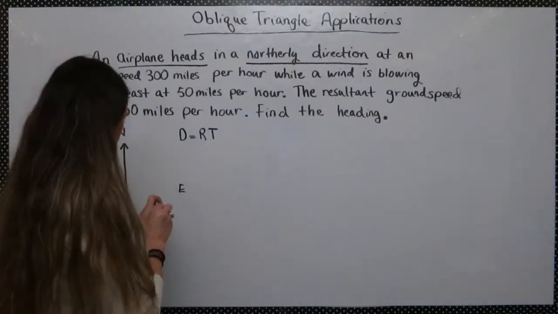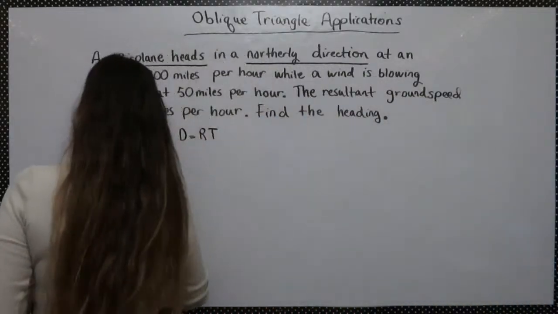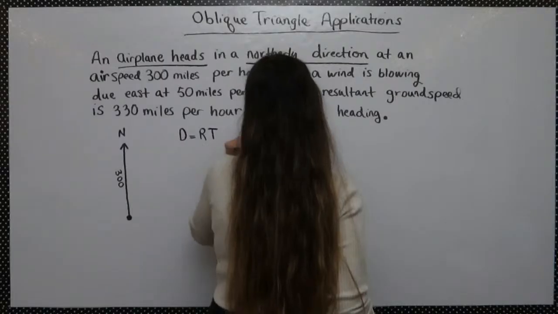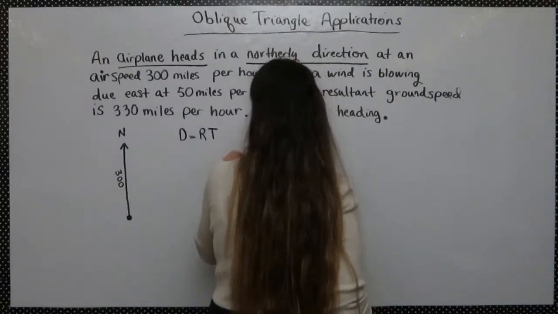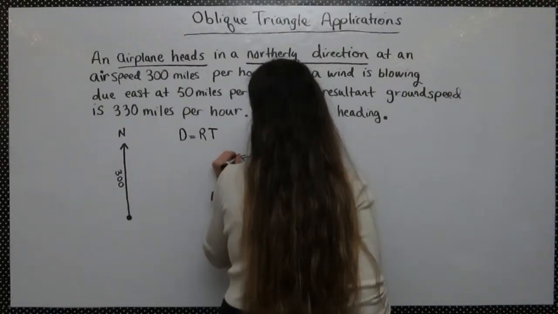Let me redraw it, hang on a second. It's not what I want to do. So we'll use our compass. We'll just put one right here. North, south, and we've got east and west.